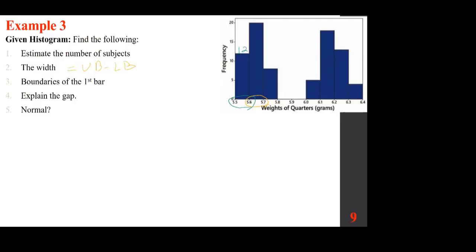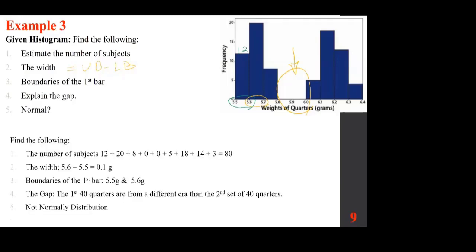And there is a gap here. As you can see here, the height is 0 in this case. So again, that can be explained. And whether it's normal or not, clearly it's not a normal distribution. For the number of subjects, you need to add those heights, 12 and 20 and 8, and all the way to the end, and there are 80 subjects, in this case, quarters.